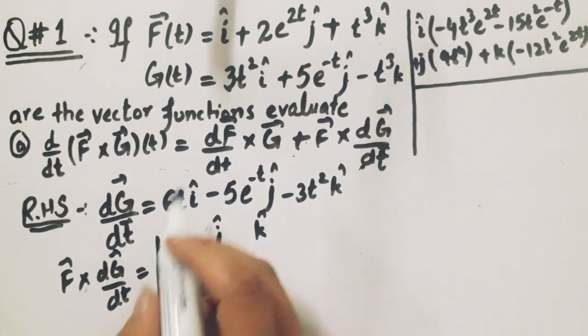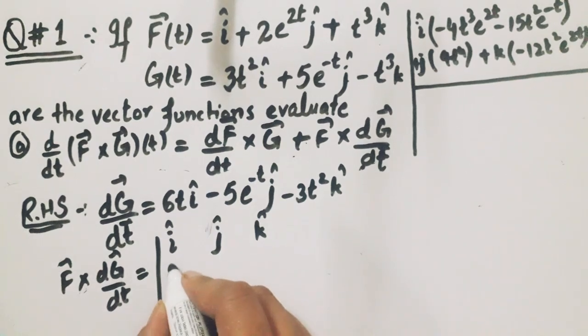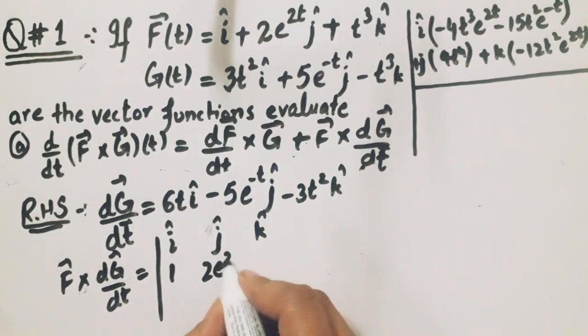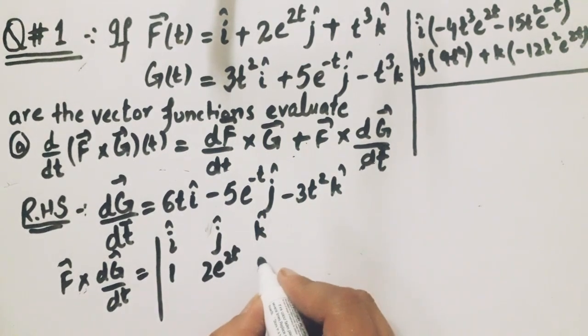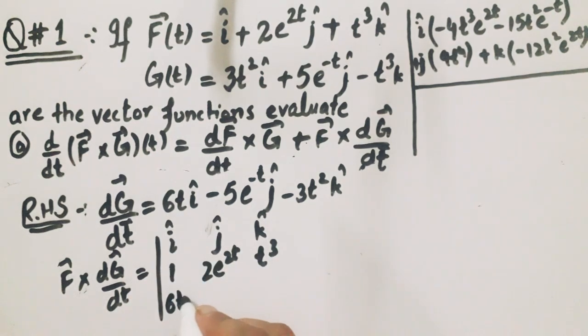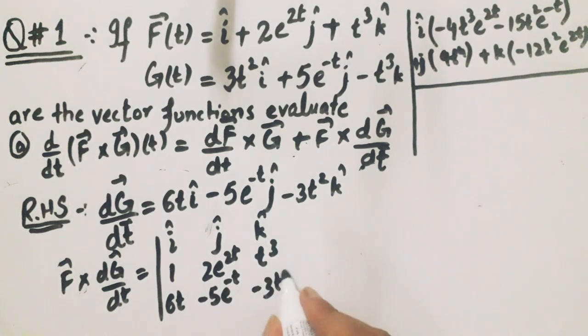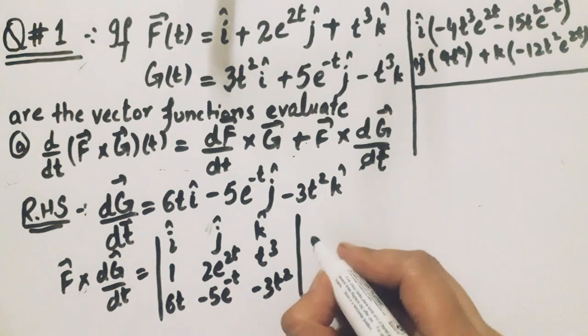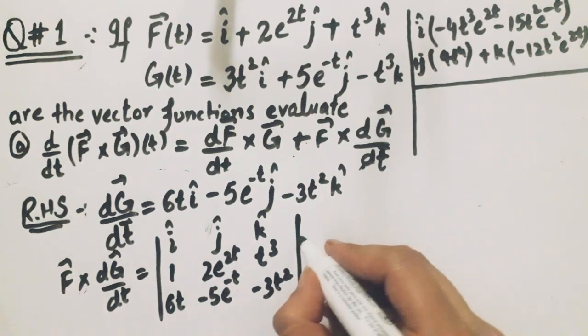Now the components of f are 1, 2 e raised to power 2t and t cube, and this will be 6t, minus 5 e raised to power minus t and minus 3t square. Now we will take the cross product of this.